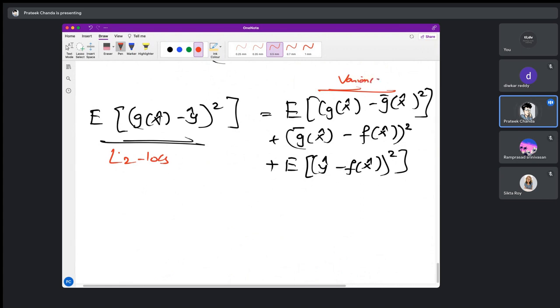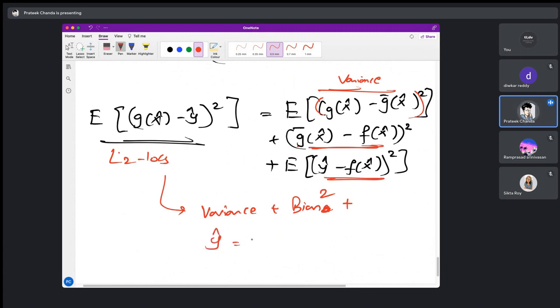If you see the pattern here, g of x hat minus g bar x hat, the entire whole square, is my variance. And g bar x hat minus f of x hat is my bias. So this thing is equal to variance plus bias whole square, plus the last term.